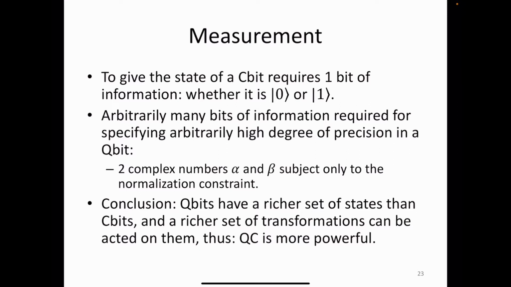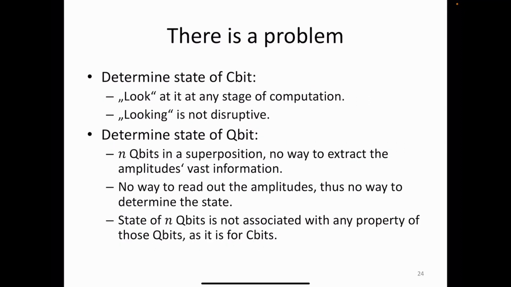So therefore, the conclusion can be that qubits have a richer set of states compared to classical bits, and a richer set of transformations can be used to act on them. And therefore, quantum computing is more powerful than classical computing.